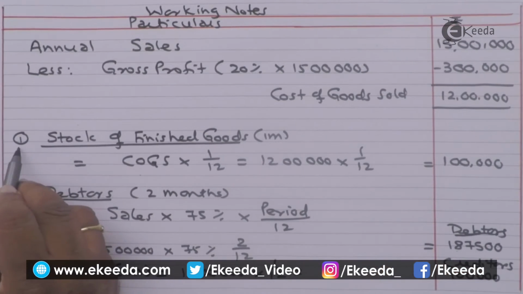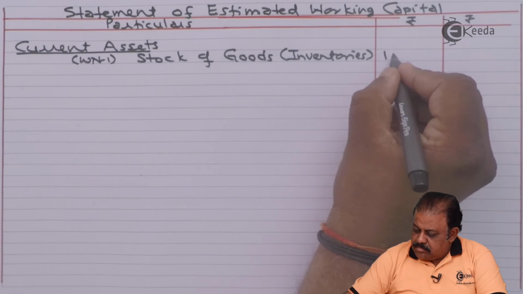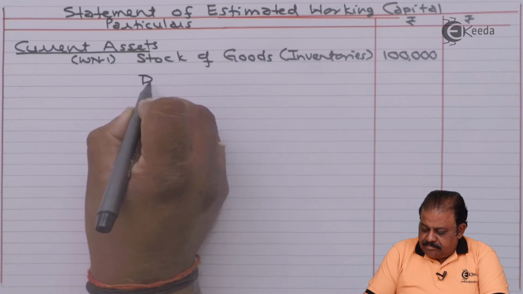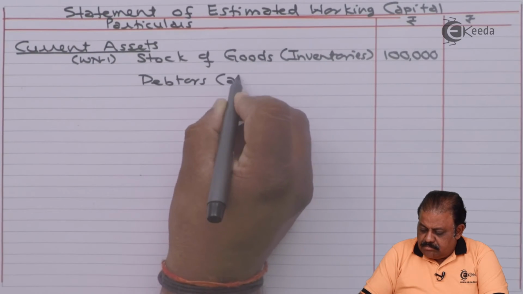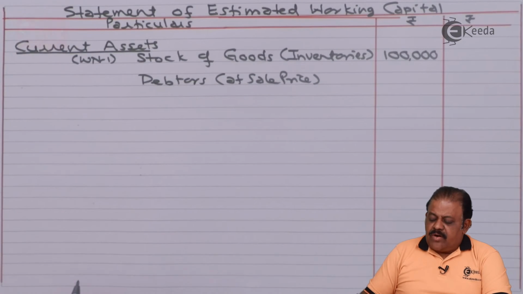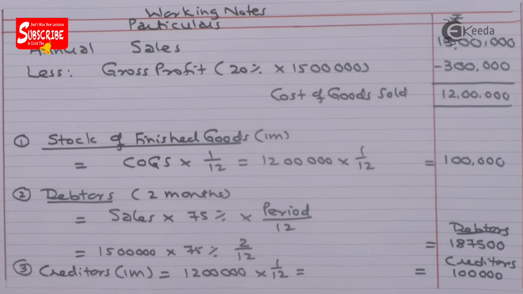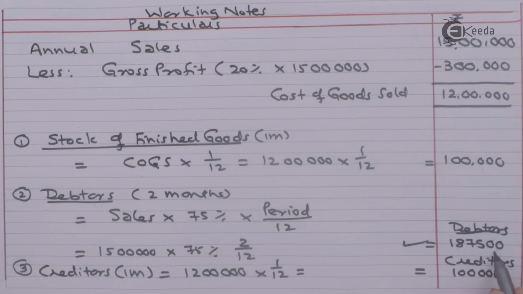As per working note number 1, it is 1 lakh. Next, we'll require to record debtors, that is at sale price. As per working note number 2, we have calculated debtors 1,87,500.